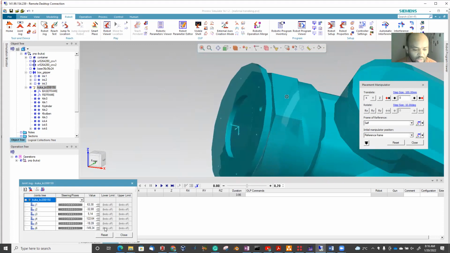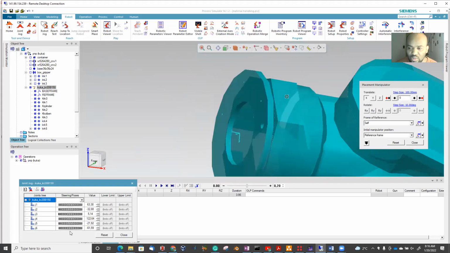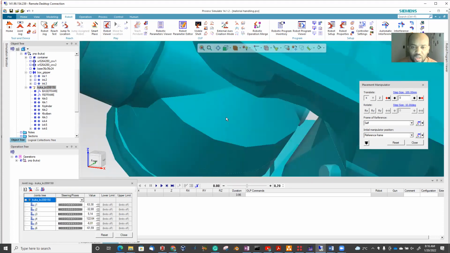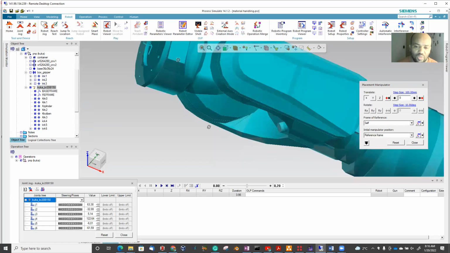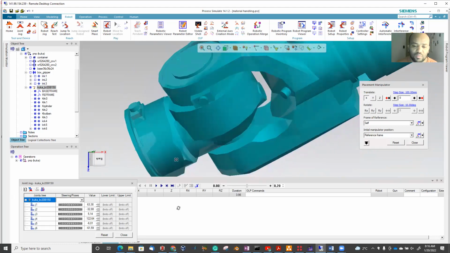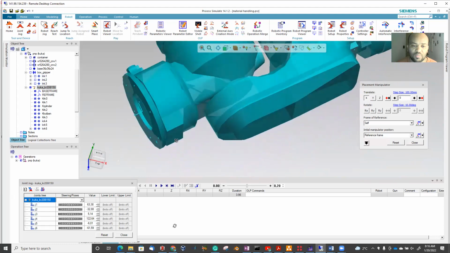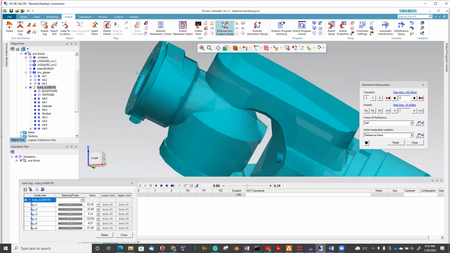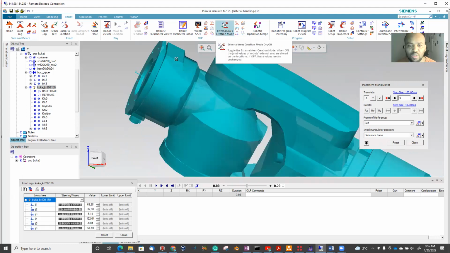That's why we have to assign the z-axis along the axis of rotation. Again, here is also an axis of rotation, but I am not able to visualize it. That is what we should note.